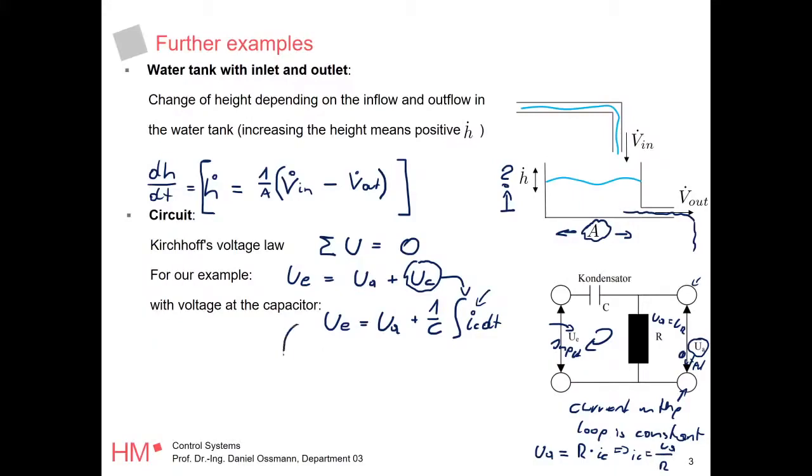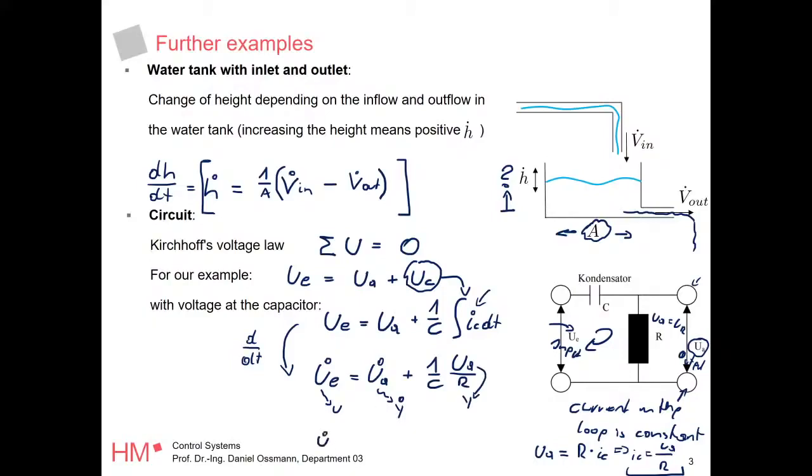Now we are going to differentiate this equation. Then we have U_E dot is U_A dot. The integral actually gets away, and we plug in what we have here. So let's take this and plug it in here, and we have U_A over R. Now you should see that we have an input, U_E, so let's call it U. We have an output, which we call Y, and here it's Y dot, of course.